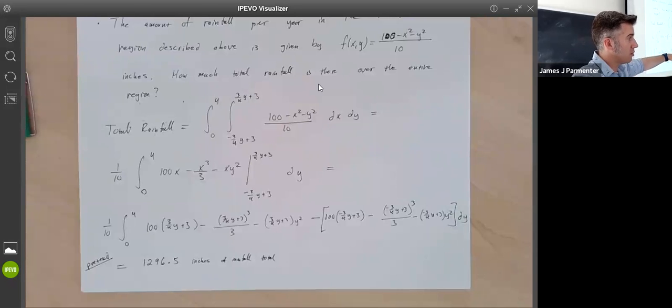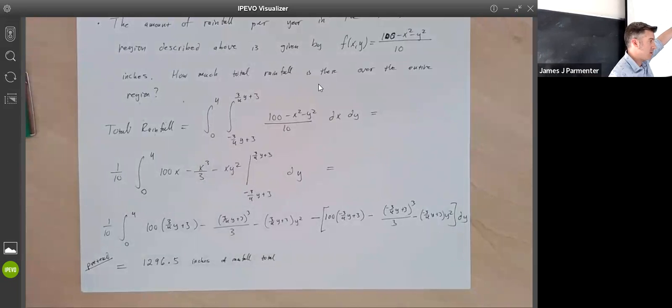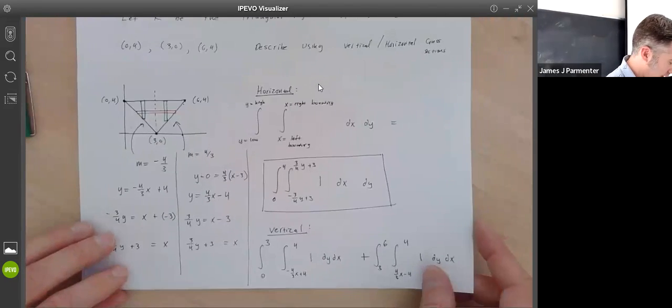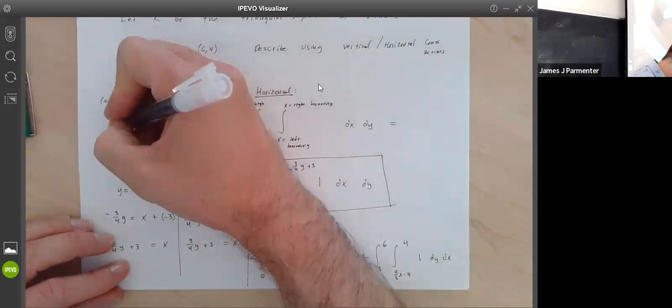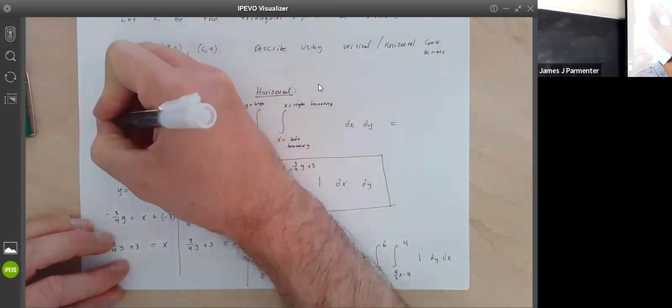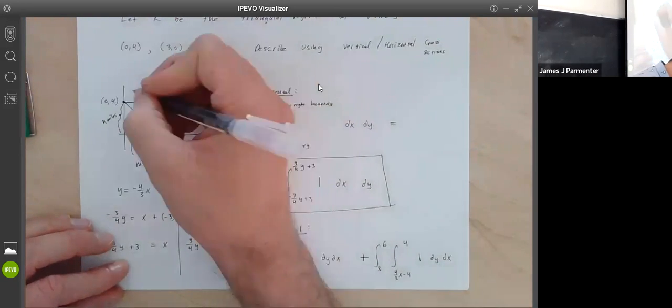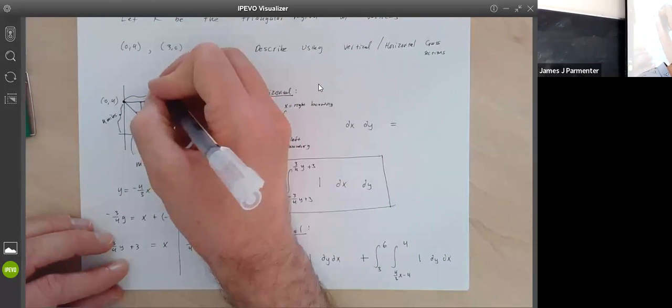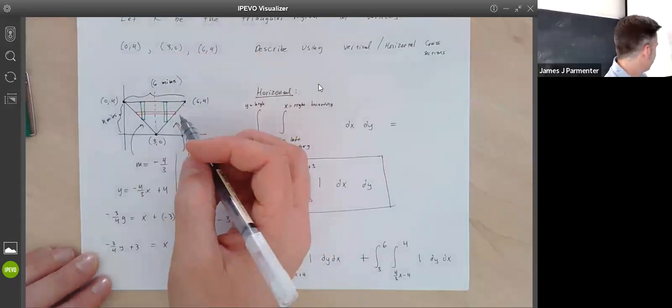So now what we're going to do to find the average rainfall is take all that rainfall over the entire region and divide it by the area, so that we get the rainfall per square, whatever unit of area we have. So if this were measured in miles, like this was 4 miles, and this was 6 miles, then we can calculate the area.